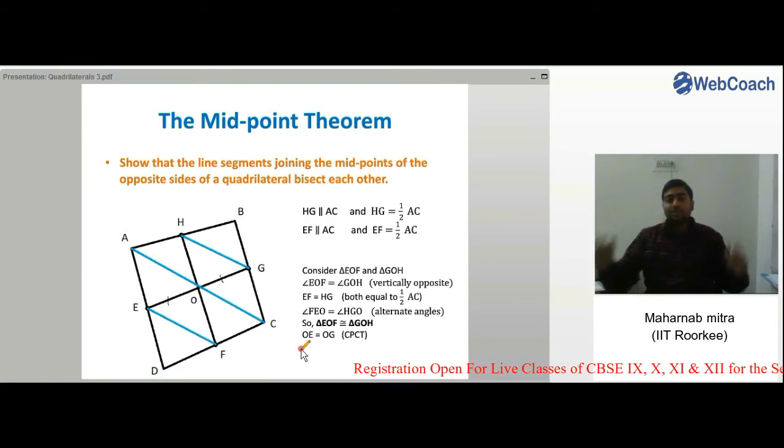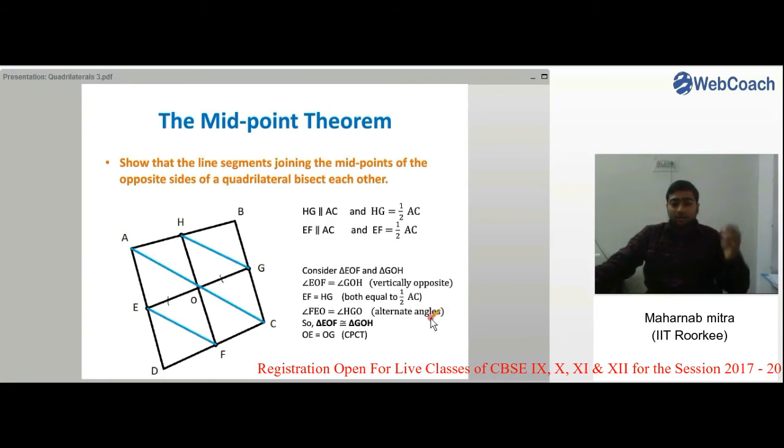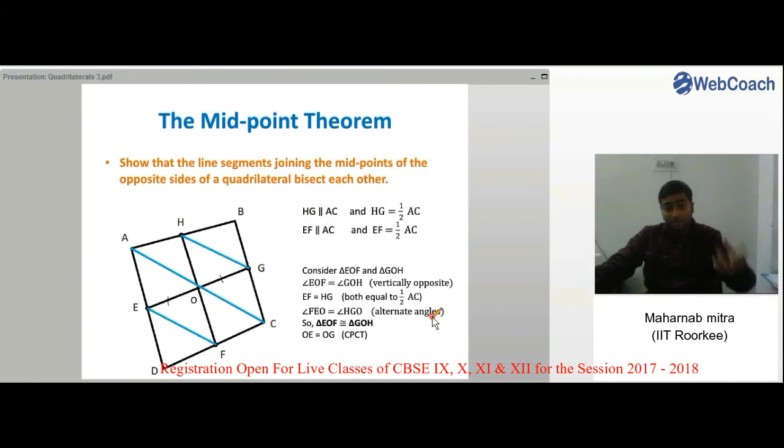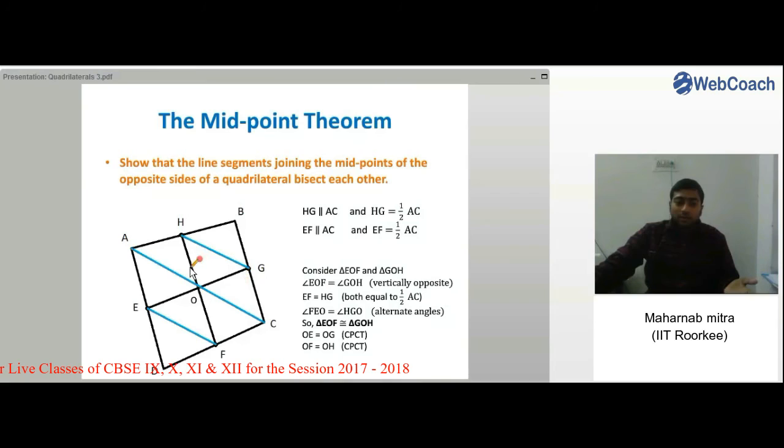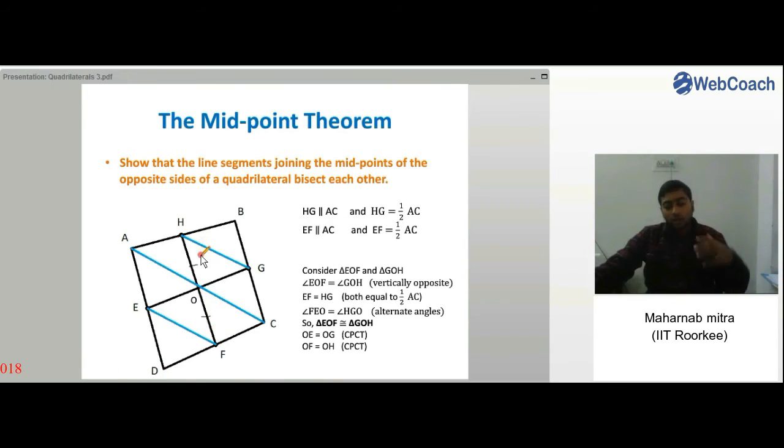Now let us see whether O has bisected HF also or not. And very easily by CPCT we can say these two sides of these triangles are also equal. OF is equal to OH, and finally we have obtained O is also lying on the midpoint of FH, right? O is also lying at the midpoint of FH.